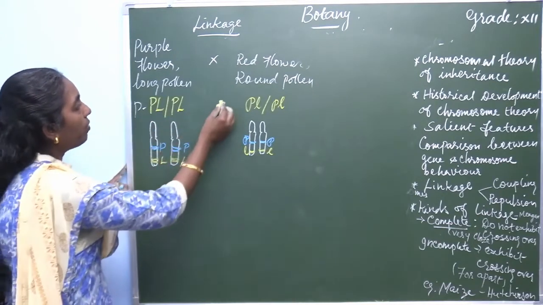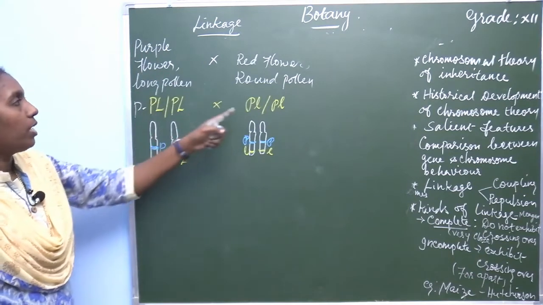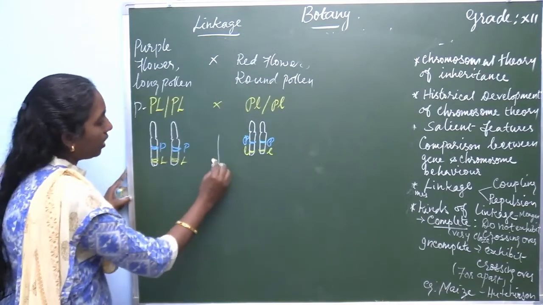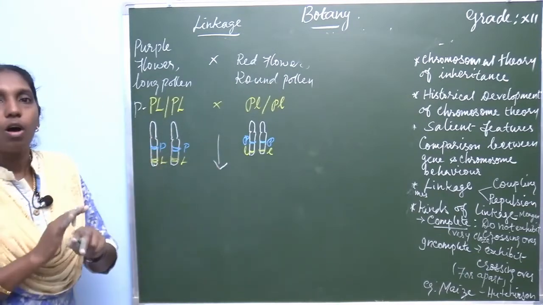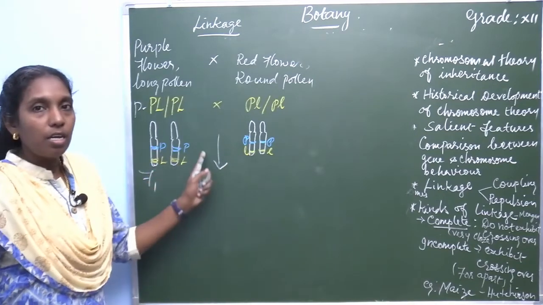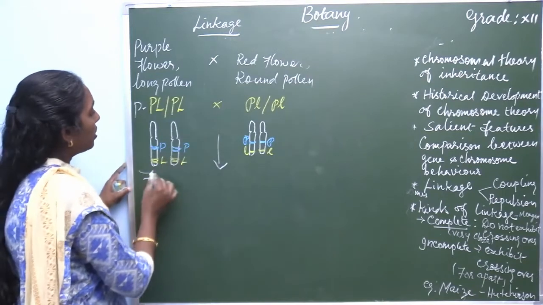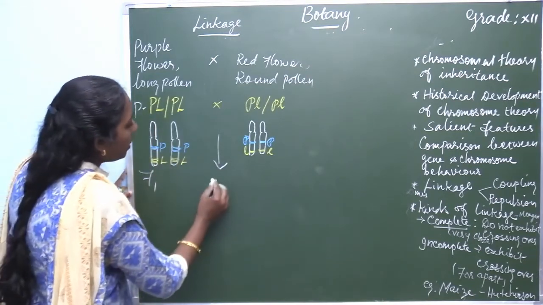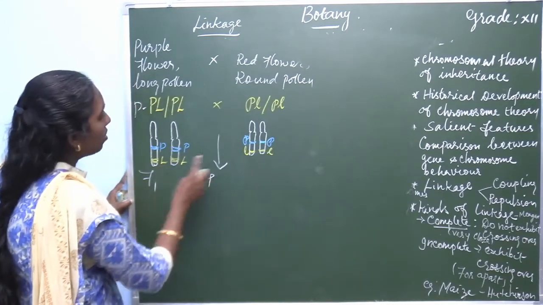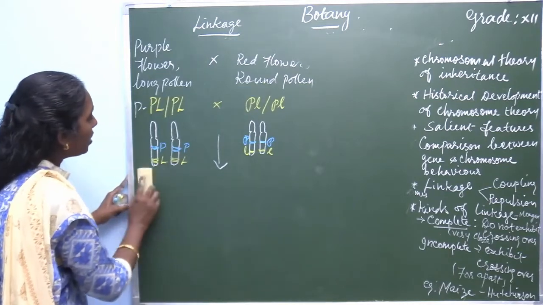When you make a cross between these parents, purple flower with long pollen and red flower with round pollen, it produces all plants in the F1 generation. The F1 plants inherit together and produce a hybrid. First, the gametes are taken out.